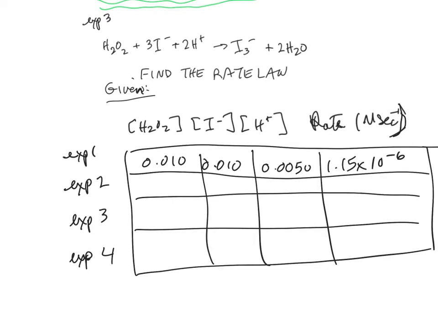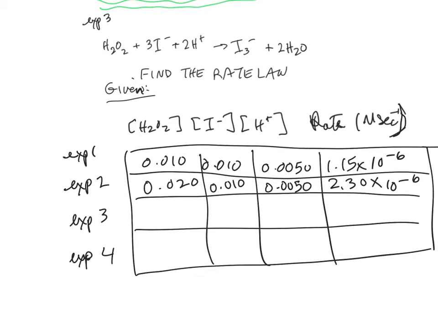Second experiment, we're going to keep the concentrations of 2 of these the same, and then we are going to vary only one, the third one. So we'll start by doubling the concentration of the peroxide in our second experiment, leaving the concentrations of iodide and H plus the same. So it's 2.30 times 10 to the minus 6 for the rate if we do that.